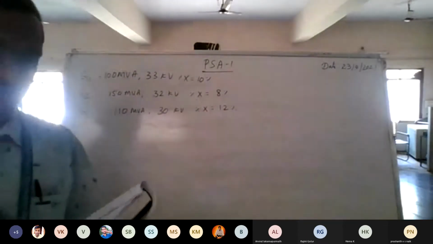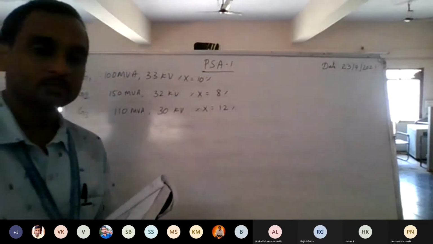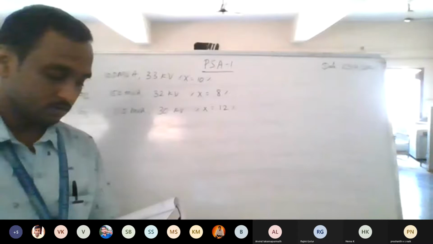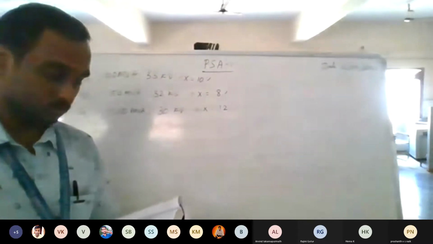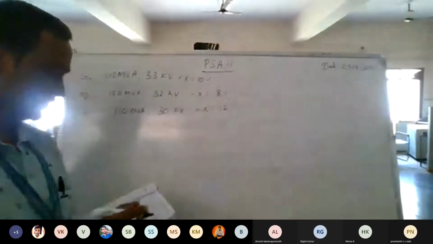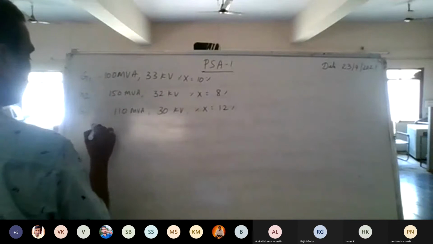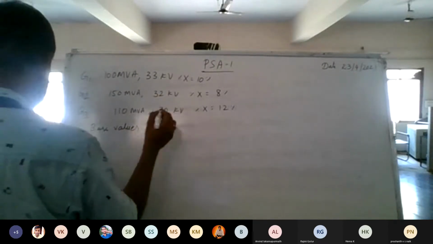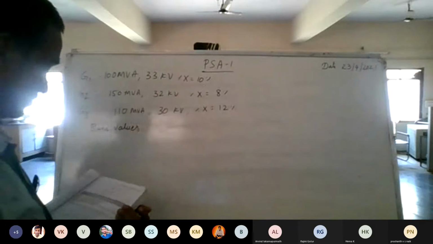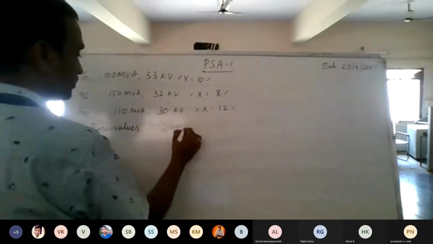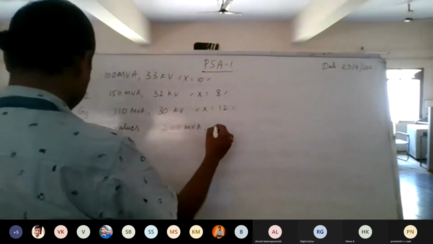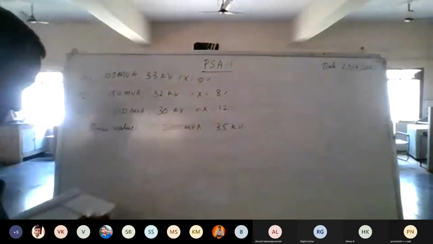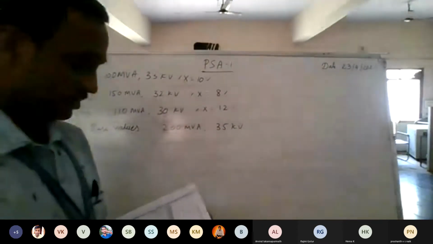Determine the reactance of the generator corresponding to base values 200 MVA and 35 kV.